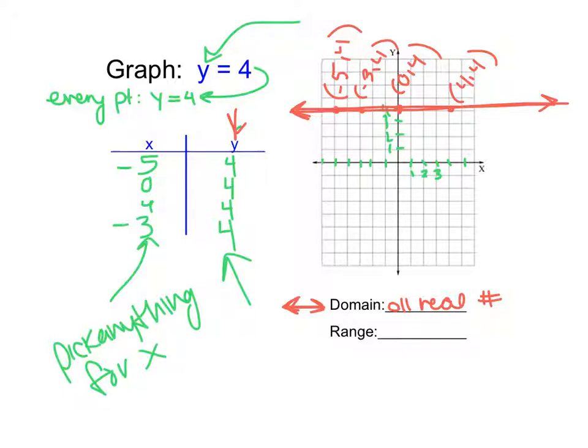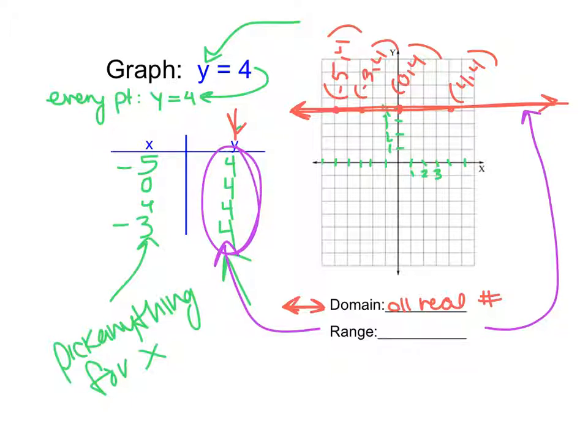So the range itself, if we look carefully, what we're going to notice is that the range only has one particular y value. The range are all of our outputs. All of our outputs are equal to 4. Here, the only y value that we're using to make any of these points is y equals 4. So all of our outputs are equal to 4, and as a result, our range is only equal to 4 as well.